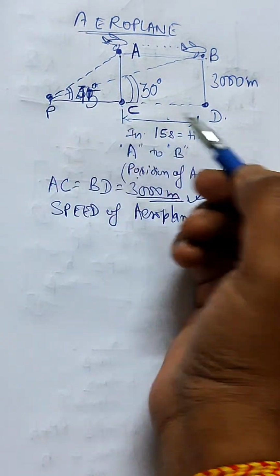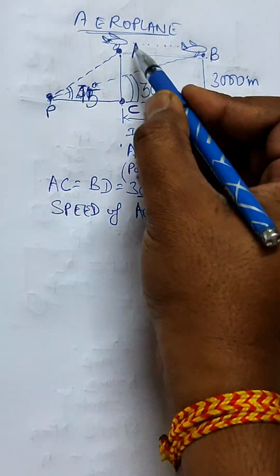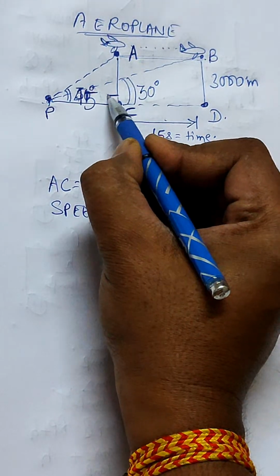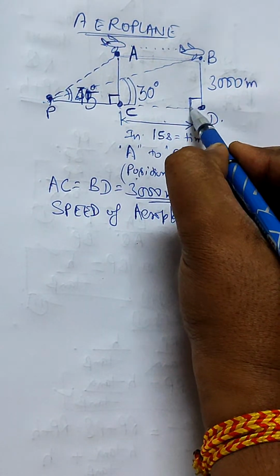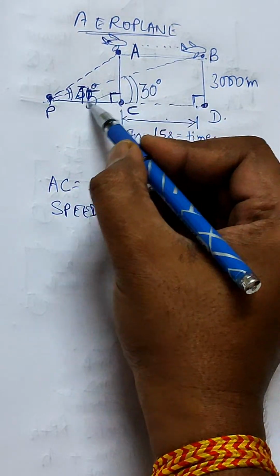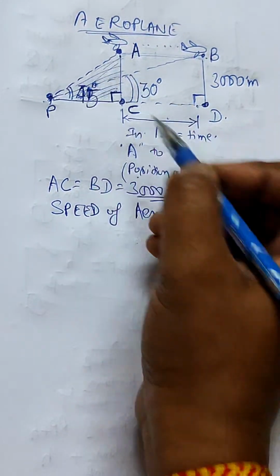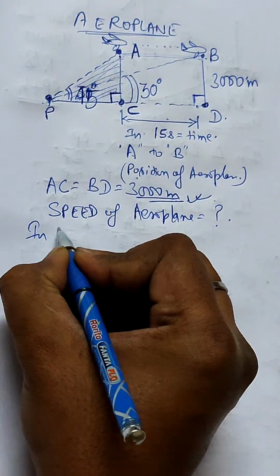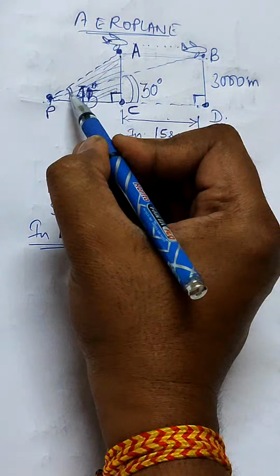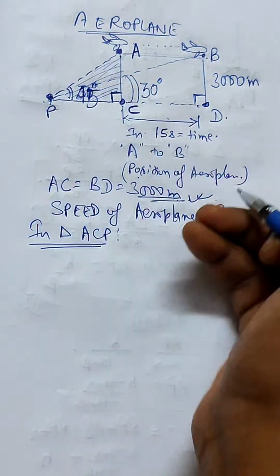So we will take two conditions over here. In triangle ACP, you can see this is a vertical line, so this will be 90, right? So we'll take two triangles. Triangle ACP, this one. In triangle ACP, what will be the relation? You can see tan 45 is AC by PC.